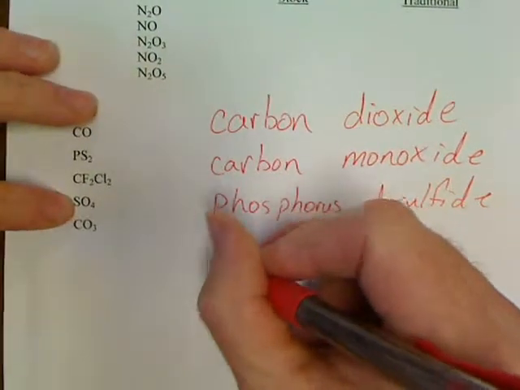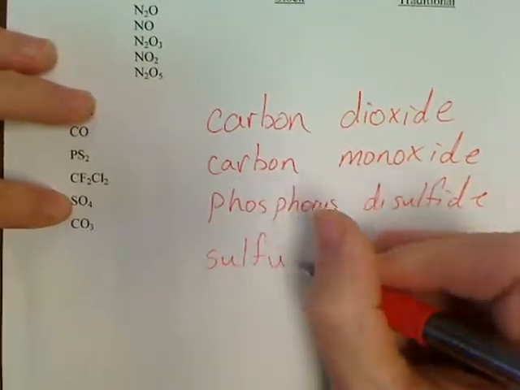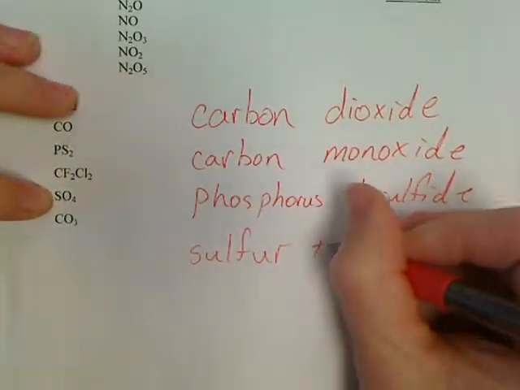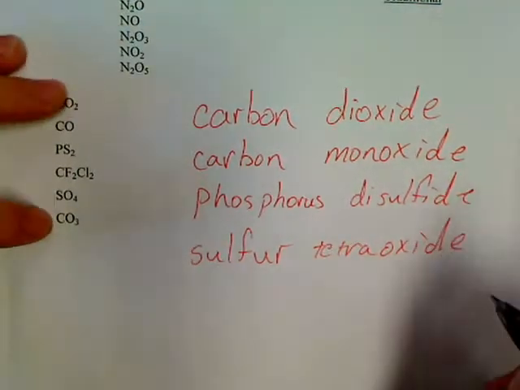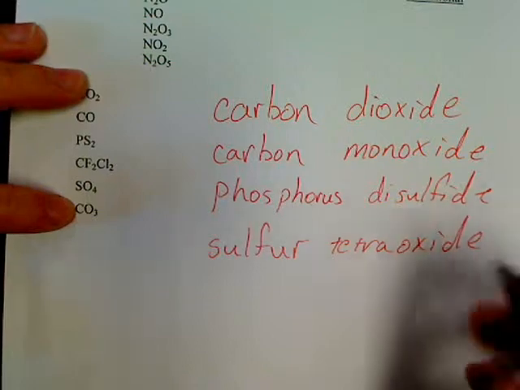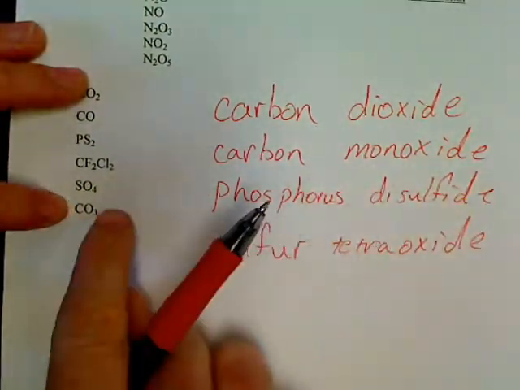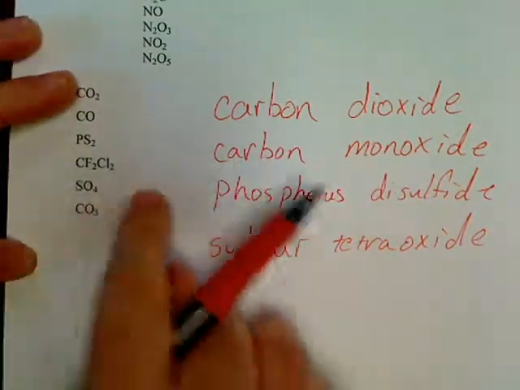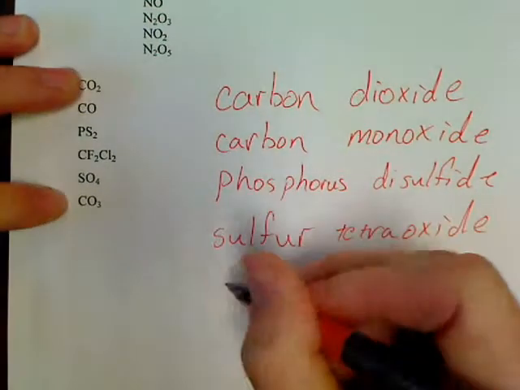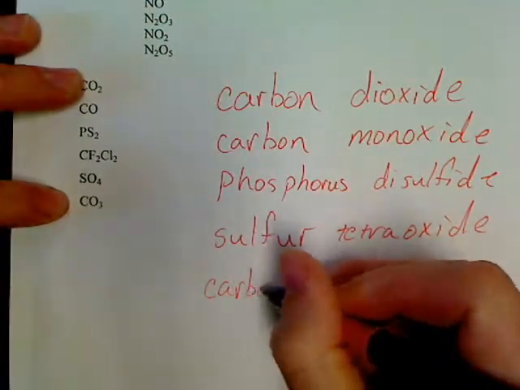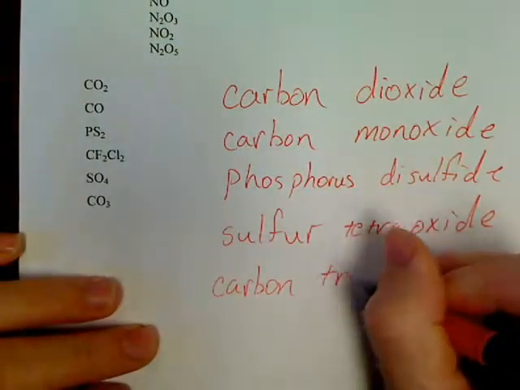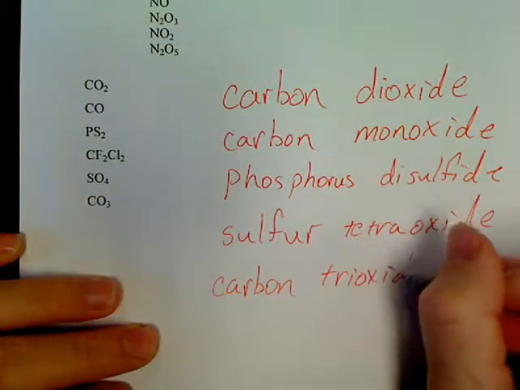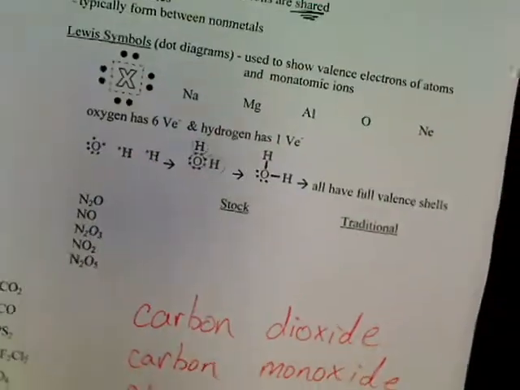So SO4 we would call sulfur, and then we would go tetraoxide. What about CO3? Yes, that's known as carbonate, but this is not carbonate. This is just CO3 all by itself. Carbon. What would 3 O's be? Trioxide.